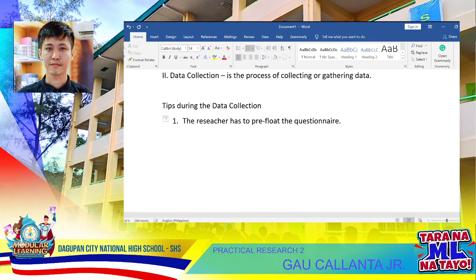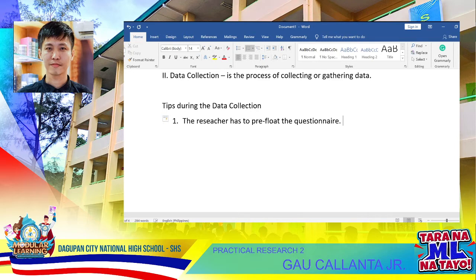During the process, you're going to observe these respondents. If they have questions, like words that are difficult to understand, or statements or questions that are difficult to comprehend, you have to take note of this.